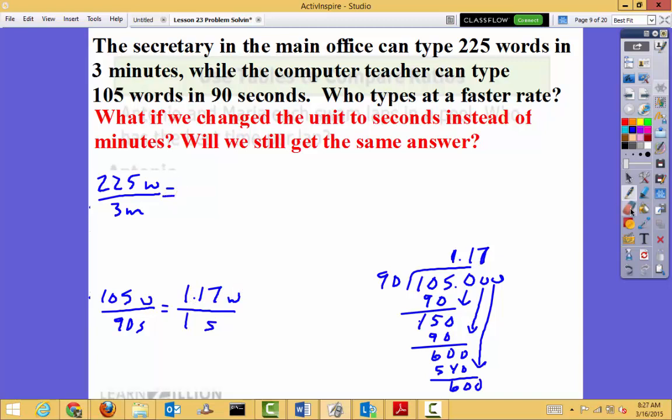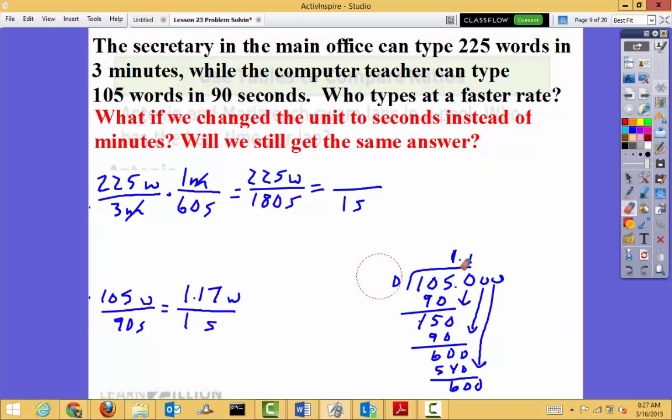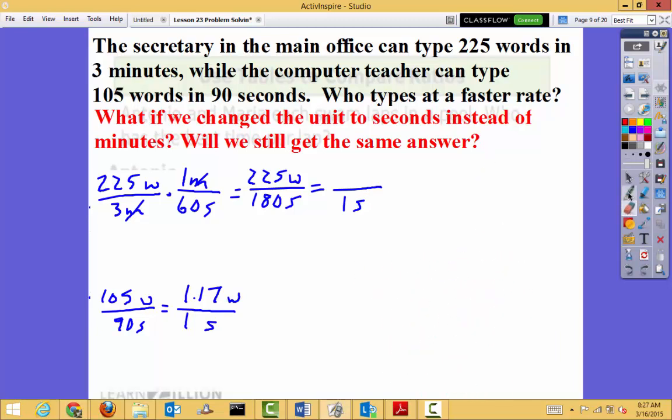What about this? Well, this person can't compare minutes to seconds, so what do I need to do? I need to change it to seconds. So this is going to be what? 1 minute over 60 seconds. My minutes cross out. I'm left with 225 words per 180 seconds. So now I'm going to simplify that. I need to divide my numerator by my denominator.